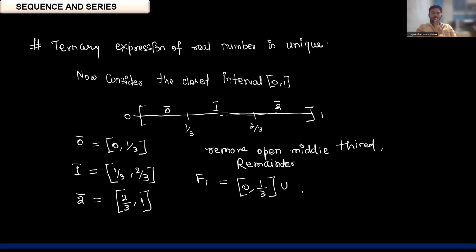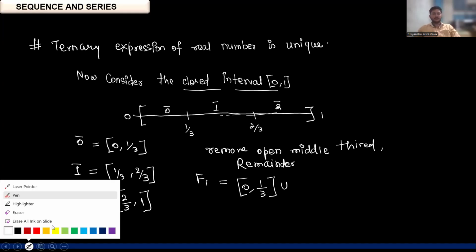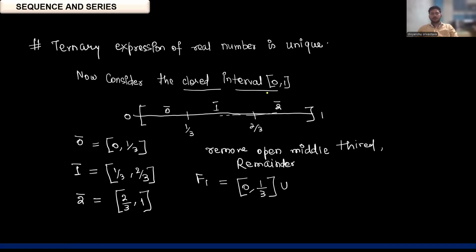So now consider only closed intervals here. We consider two closed intervals: first is 0 comma 1, and then F1. Okay. So how do you represent this in ternary, and how do you represent it on the number line?